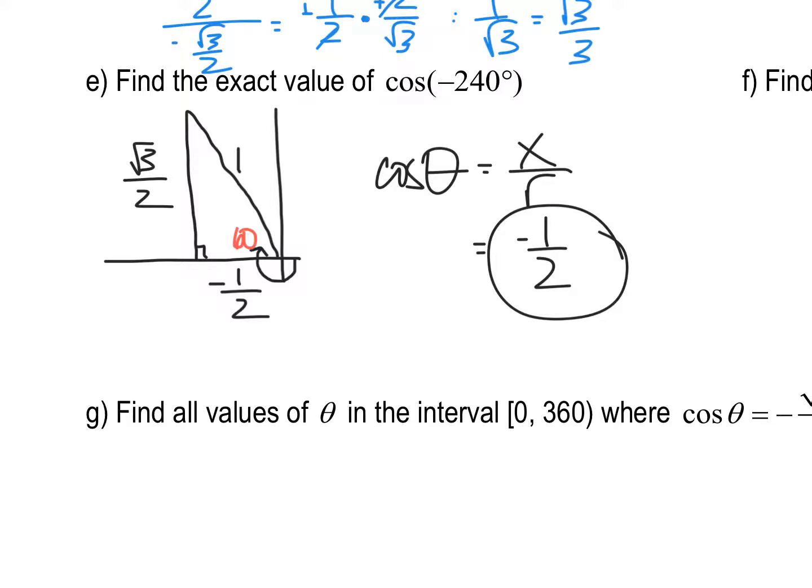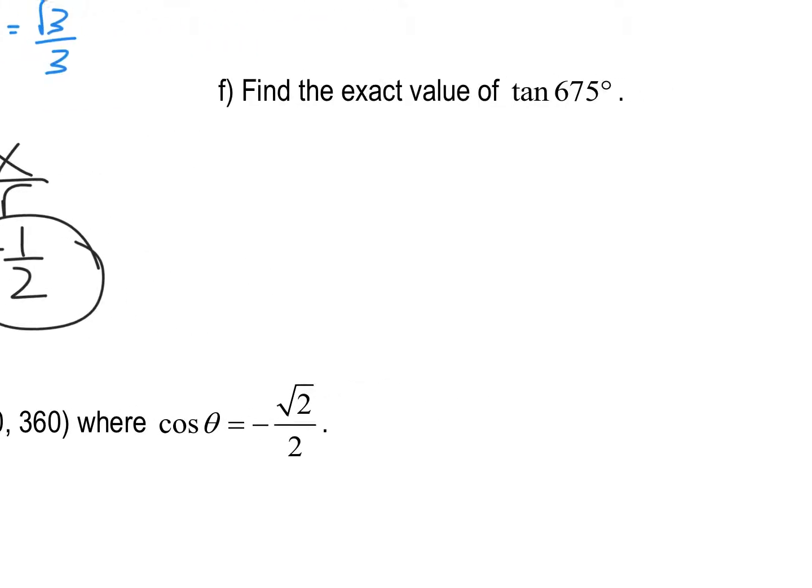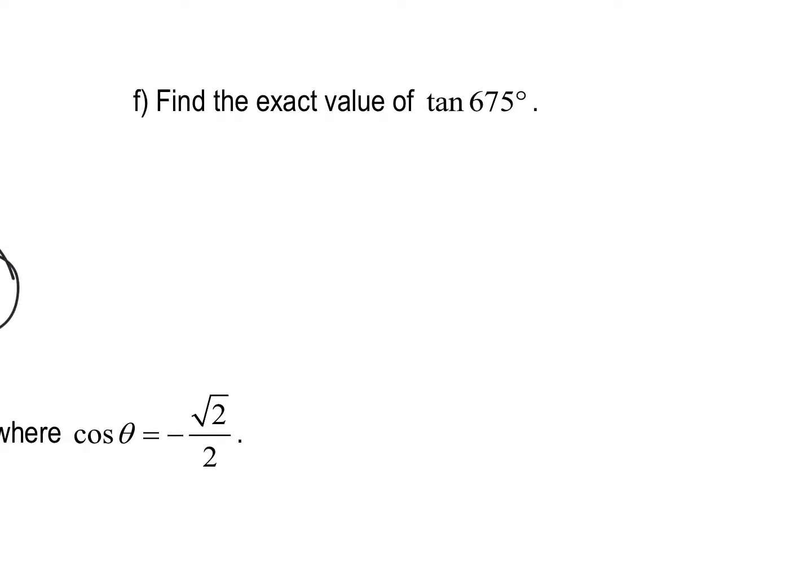All right, we just have 1 left for this video, and I want to save the last 2 for class. The exact value of this one is tangent of 675. So first of all, we need to figure out what the coterminal angle is for that. So I'm going to subtract 360 real quick to figure out how to draw it. That gives me 315.